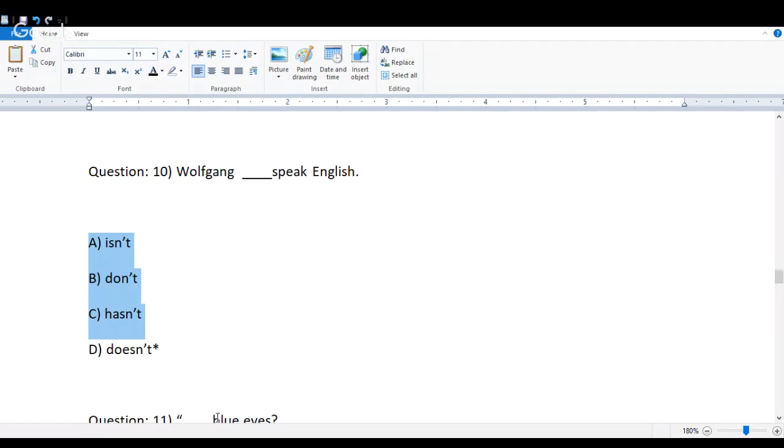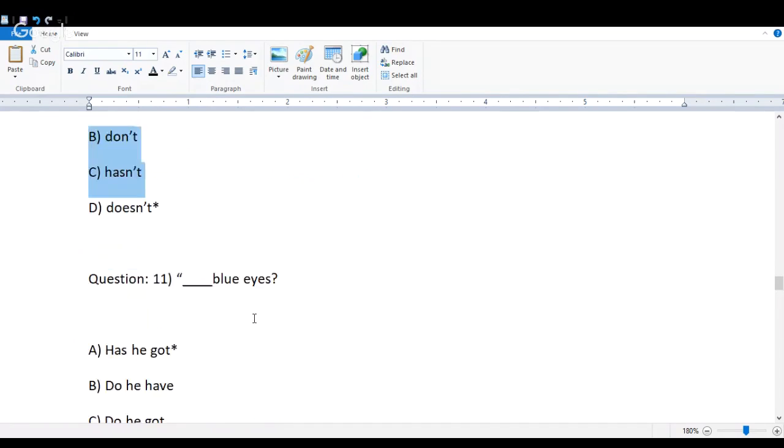And hasn't is going to be one of the perfects, or it's going to be the present simple negative. But because we have another verb, it's not going to be the present simple negative in this case. So with hasn't, we would have to use the past participle, which is spoken. Hasn't spoken, and that's not what it says, so that's out as well. So very good. That's perfect.